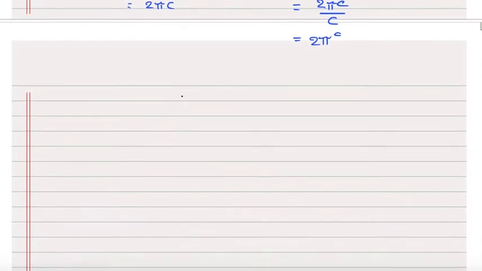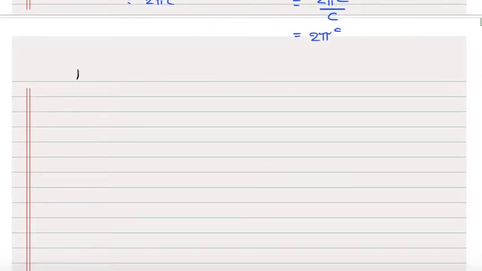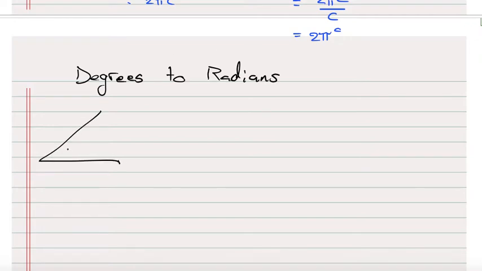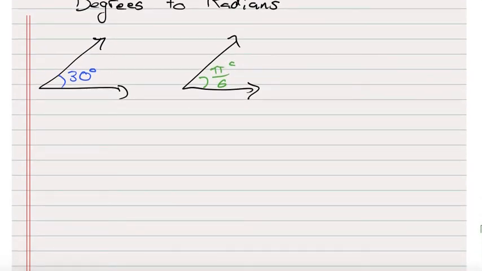But going down, let's do some examples, and we'll say degrees to radians. In the top one, I told you that this is 30 degrees, and inside here it's going to be pi on 6 radians. And the question is, why is that the case?